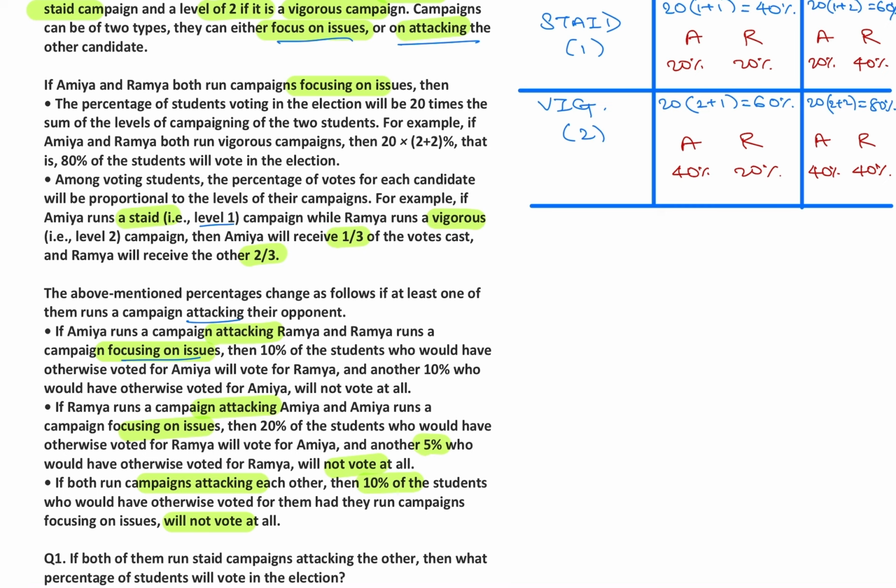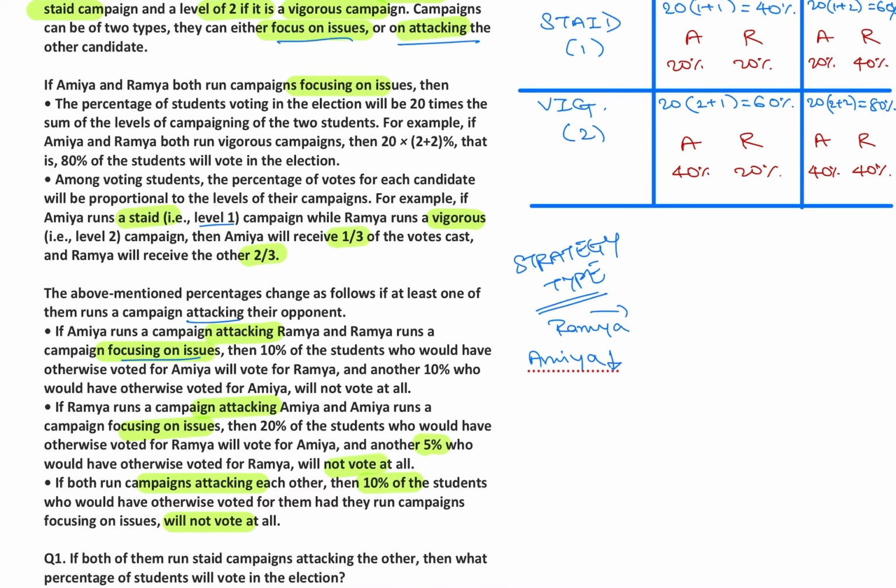So let's have a strategy type table. Okay, so I'll have Amya's data here, and Ramya's data here.